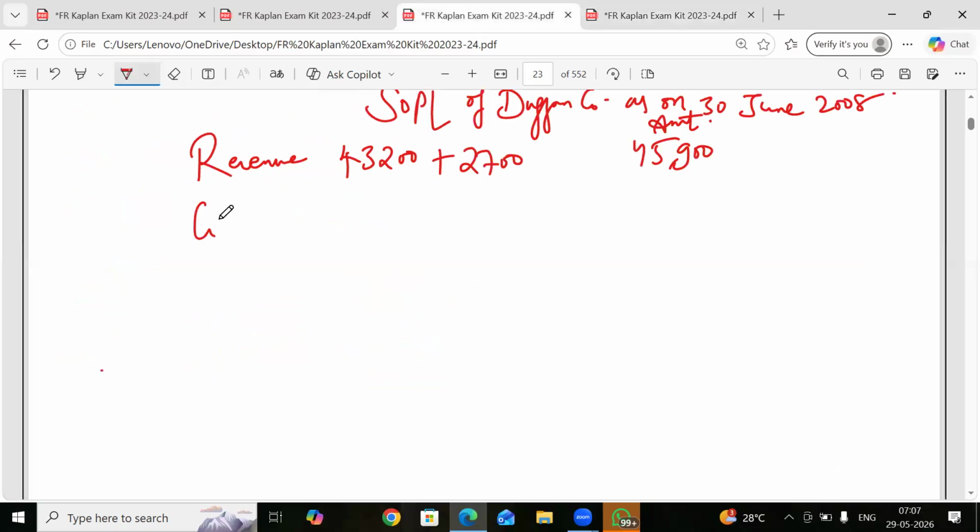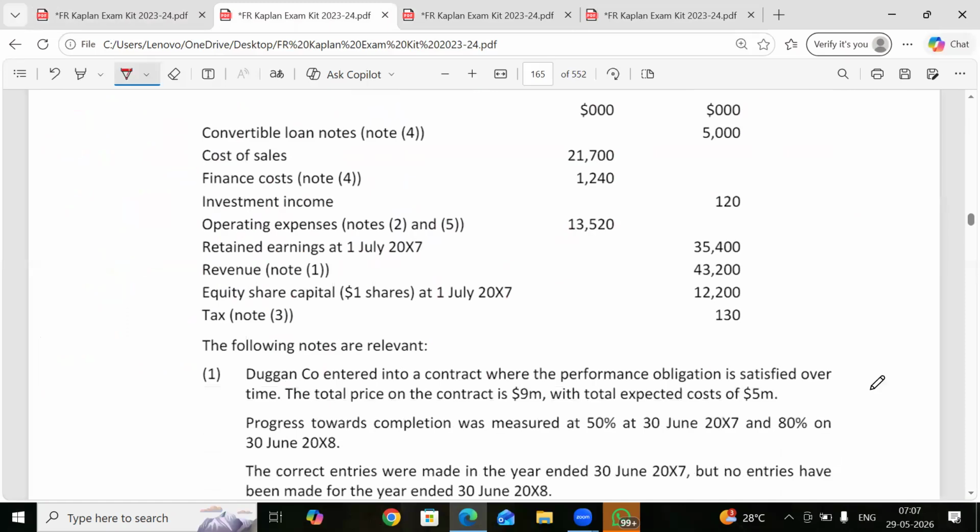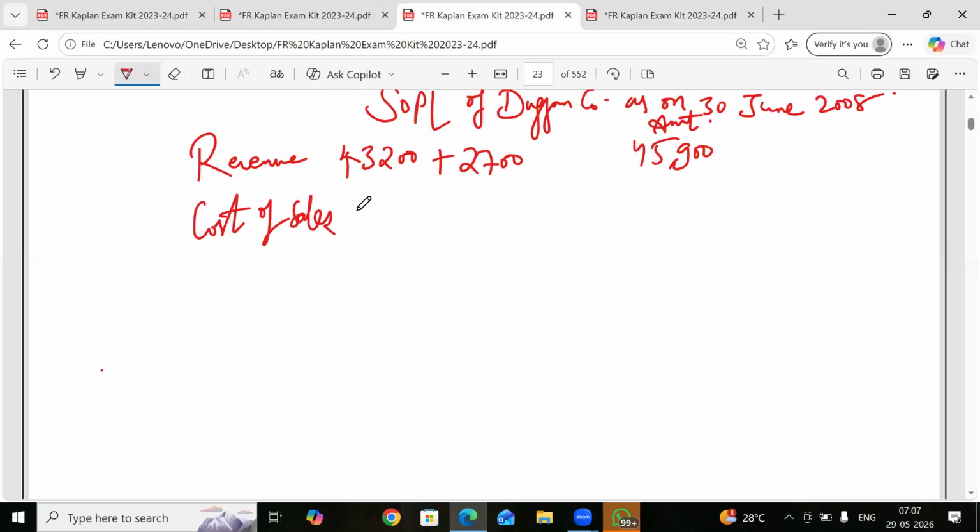So cost of sales, 21,700. So cost of sales comes out to be 23,200.